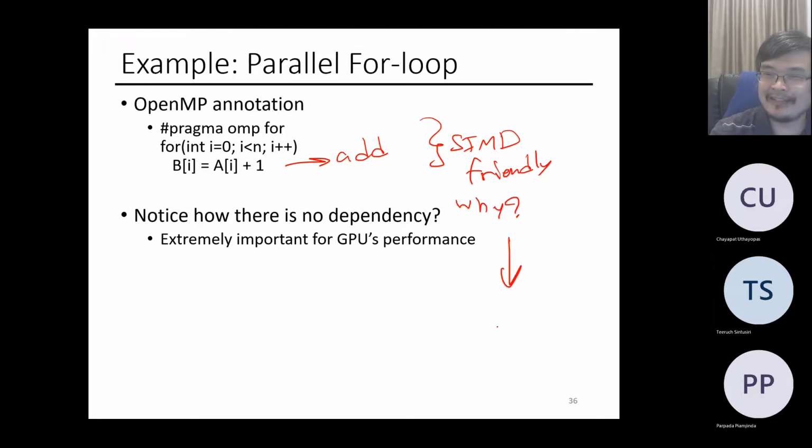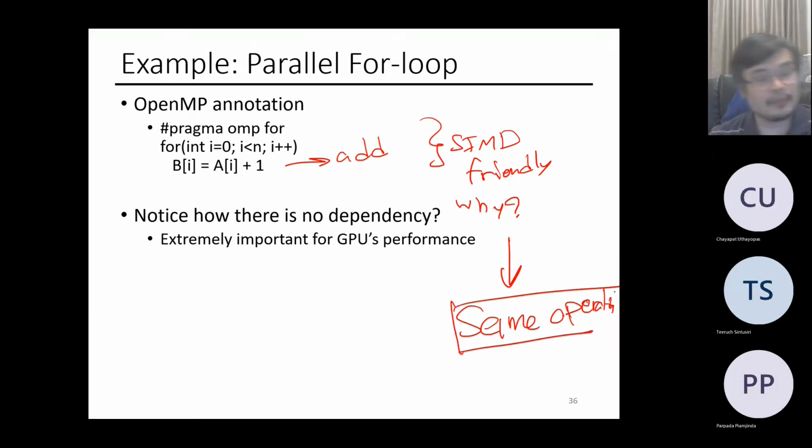They are the exact same operation. So this is one of the most important things about GPU programming. Your program has to do the exact same operation over and over and over again, many times. Then the GPU would run really well. So that's the benefit of SIMD and the GPU.